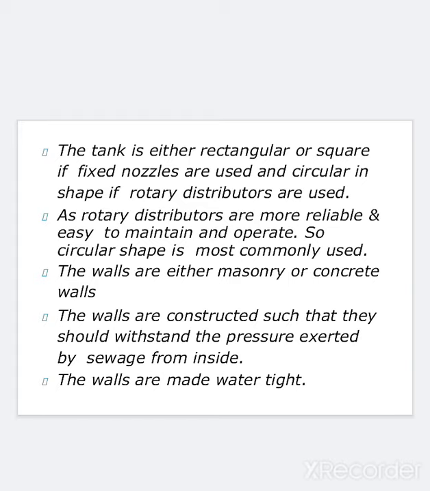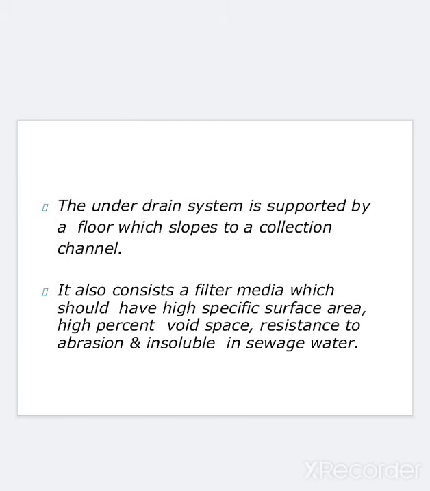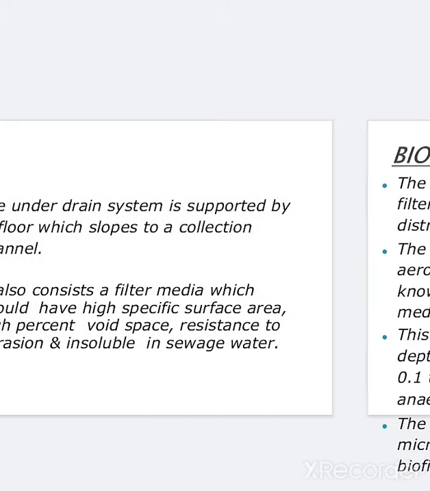The walls are either masonry or concrete, constructed to withstand the pressure exerted by sewage from inside. The walls are made watertight. The underdrain system is supported by a floor which slopes to a collection channel. It also consists of filter media, which should have high specific surface area, high percent void space, resistance to abrasion, and be insoluble in sewage water.